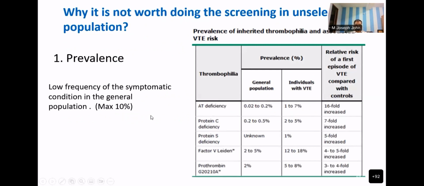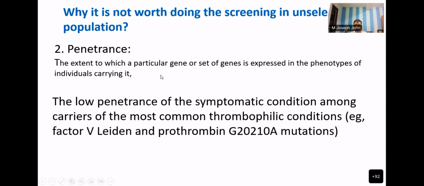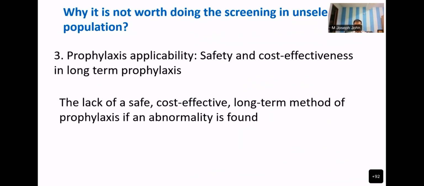The reason is that the prevalence is low and the cumulative prevalence will be less. The product of the prevalence will be low even in an asymptomatic patient. Penetrance is poor. That means even if there is a mutation, it is not necessarily the case that the person will get a thrombosis.